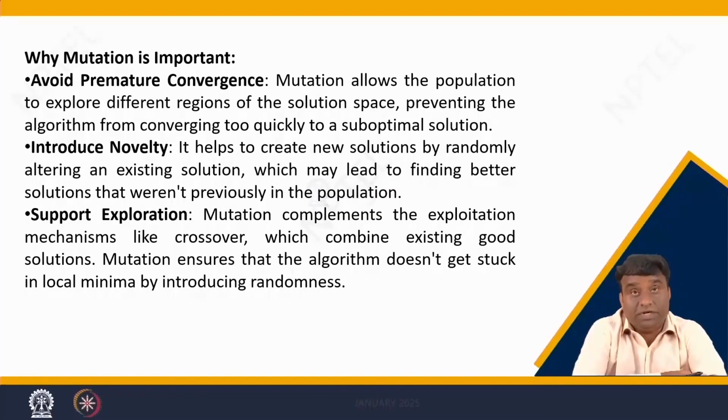It introduces novelty, so it helps to create new solutions by randomly altering an existing solution, which may lead to finding better solutions that were not previously in the population. Mutation complements the exploitation mechanism like crossover, which combines existing good solutions. Mutation ensures that the algorithm does not get stuck in a local minimum by introducing randomness.